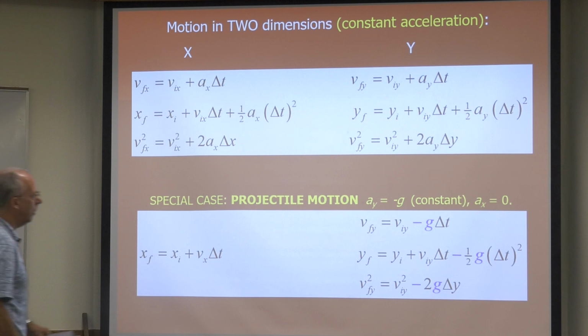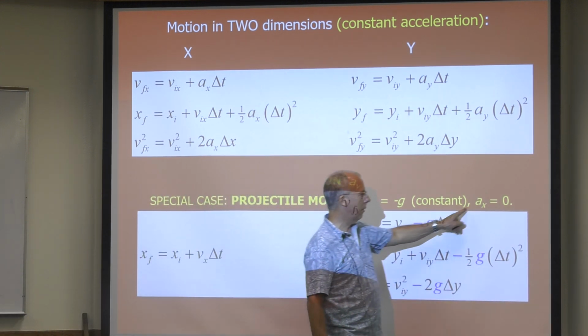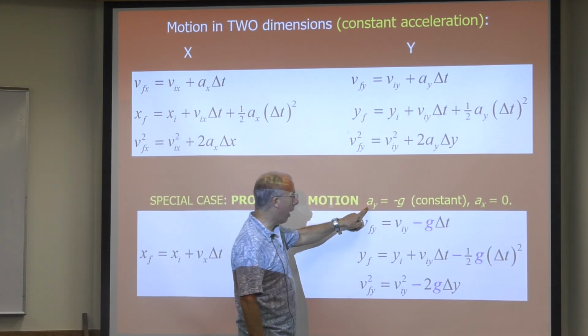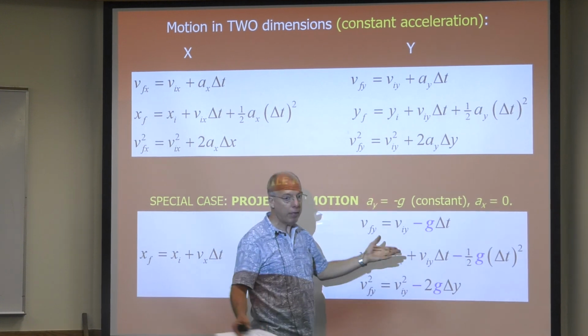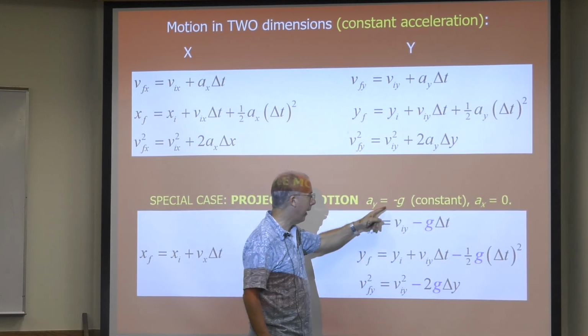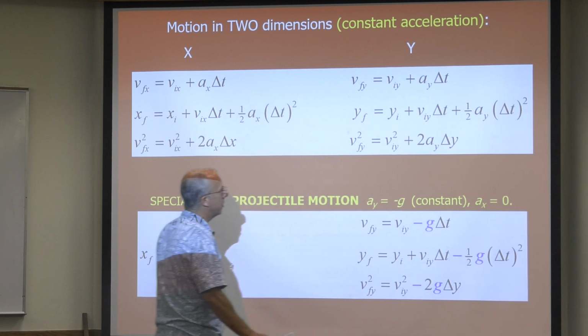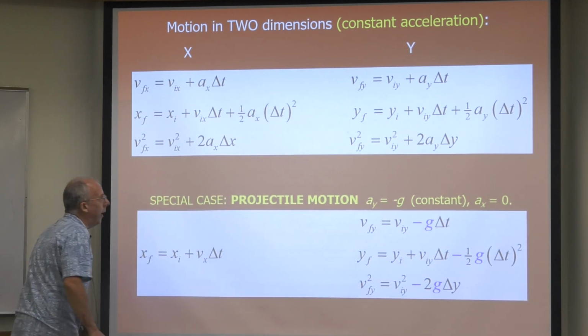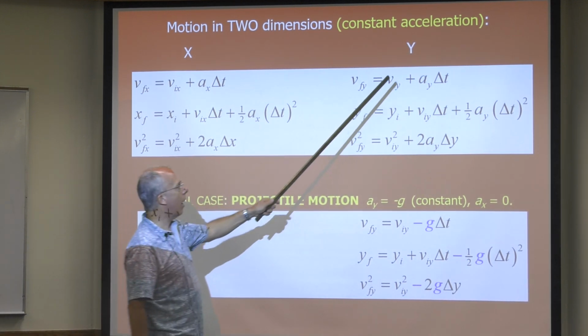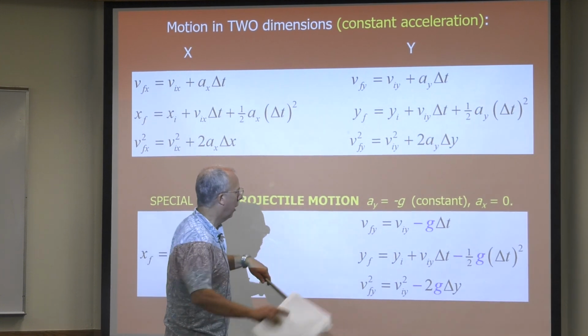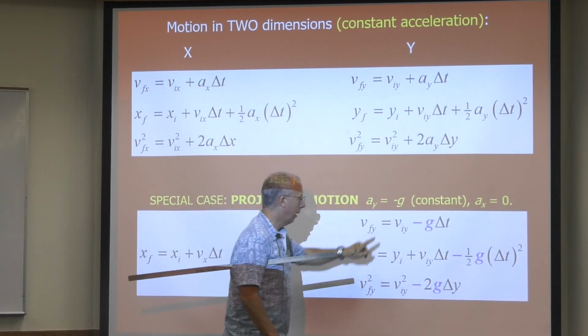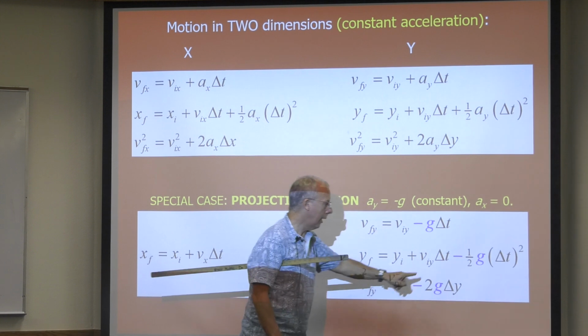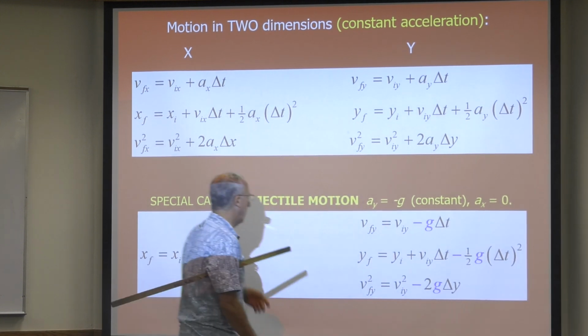So now we want to keep ax as 0, but now we want to say ay equals negative g, free fall, constant. So now everywhere where we used to have ay, there, and there, we're going to put in a minus g. So see in the blue, minus g, minus g, minus g.